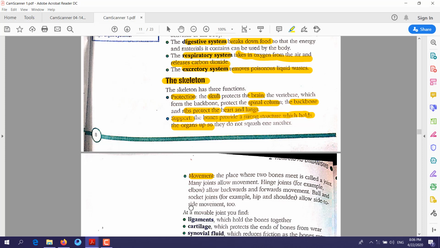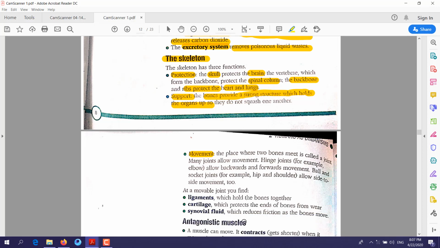Movement. Once you hear the word movement, muscles should come to your mind. Now, what enables us to move? It's our muscles, when they are joined or attached to the bones.